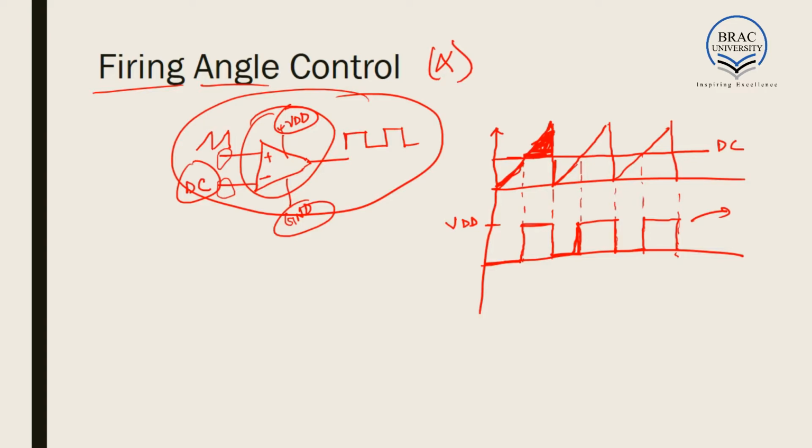Now another thing is, how can we control the firing angle? We can control the firing angle by controlling the DC values. How can we do that? If we increase the DC value to here, suppose, then this point is here. So we are marking the points.